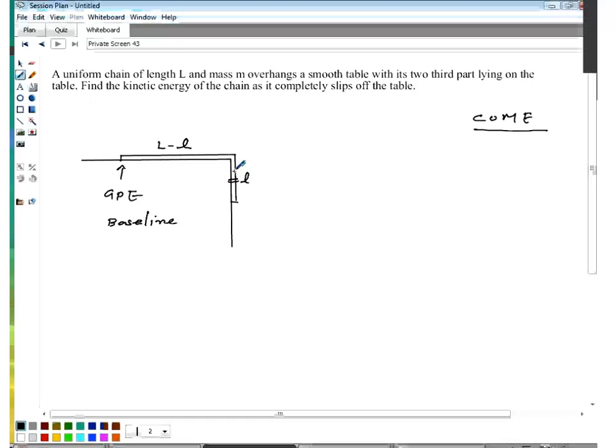At y distance, if I take a dy element, then its mass is dm, and its potential energy is dm g y, with a minus sign, that's dU. So its U would be the integral of minus g y dm, and there are two variables, y and m.